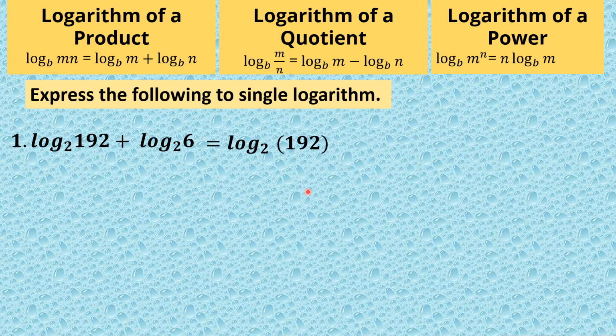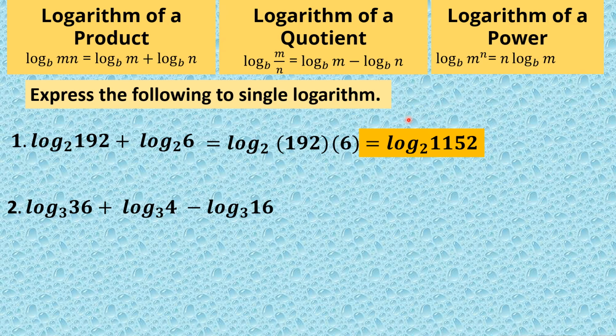Since 192 and 6 can still be multiplied, the final answer is log of 1152 to the base 2, because 192 times 6 is 1152. So again, it is already in a single form. Let's proceed to the next example.